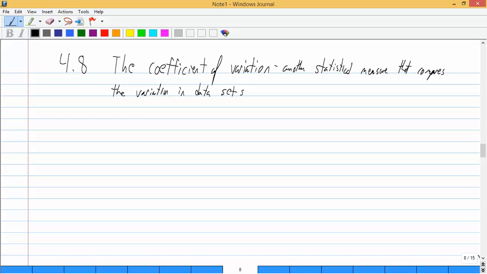All right. For population data, the coefficient of variation is equal to the sample standard deviation divided by the mean, times 100.